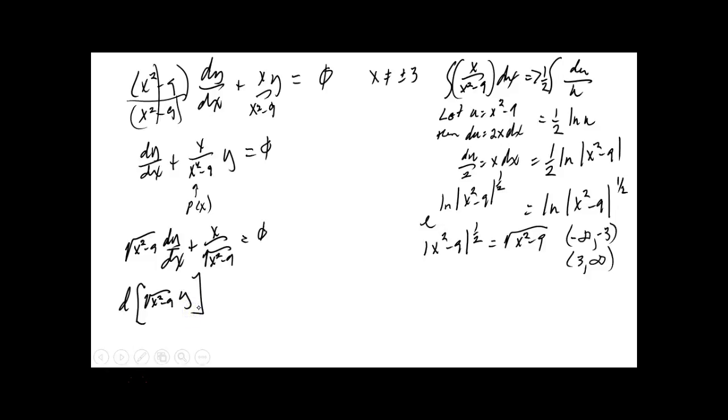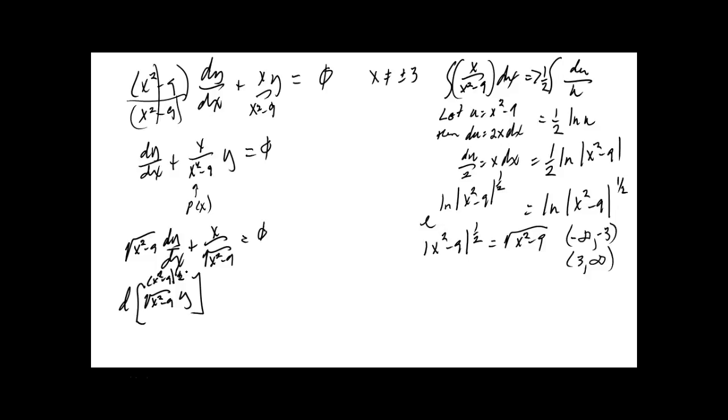Okay, now, I don't know if you buy that, but let's check it and see. Well, it's a product rule. Derivative of this, I think I'll rewrite as x squared minus 9 to the 1/2 power. So the derivative of this would be 1/2 of this to the minus 1/2.